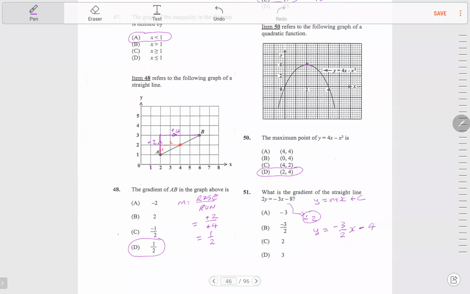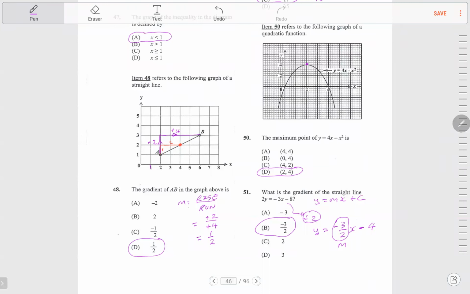You divide each value by the 2. And so this value right here is the gradient m. If you want the y-intercept c, it will be negative 4. But the gradient is negative 3 over 2, which is this. All right. Simple as that.